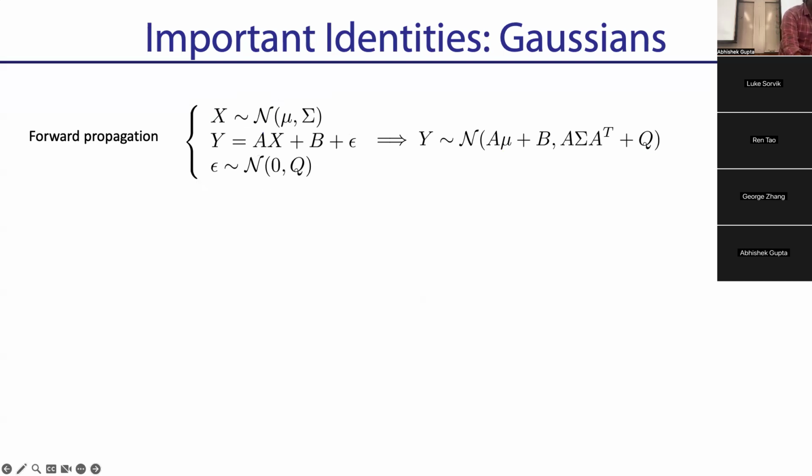If you have this, then you can show that y is also a Gaussian, with mean A mu plus b and variance A sigma A transpose plus Q.